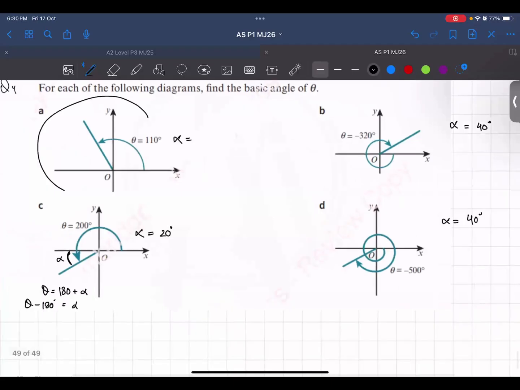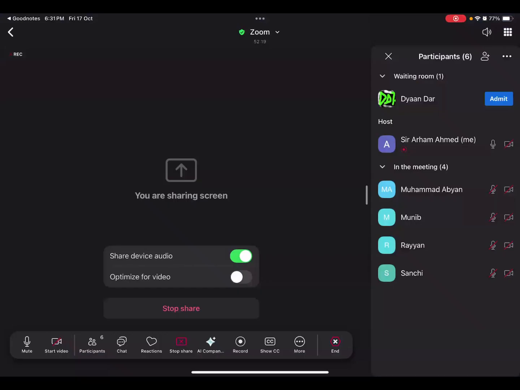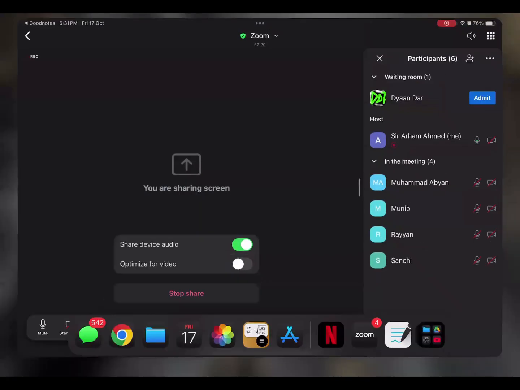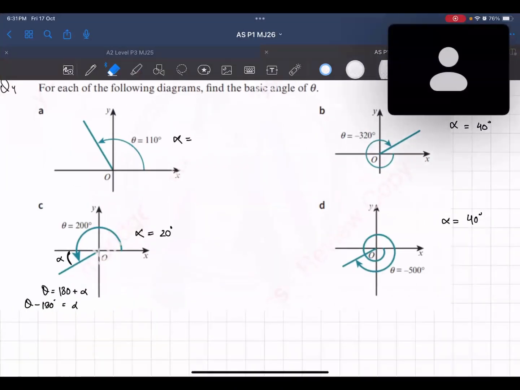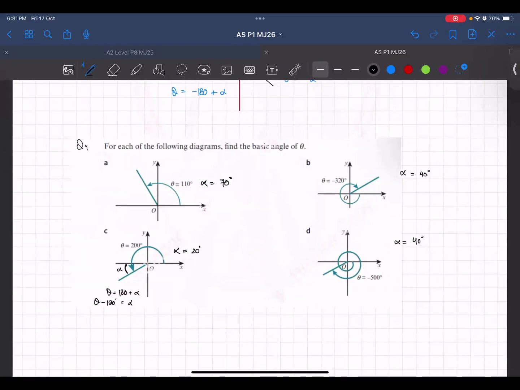Part A. Mohit is gone. Abhiyan. 70 degrees, sir. Yes, good. Nice.